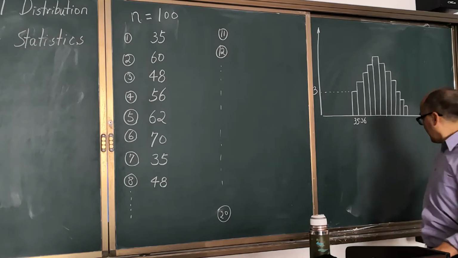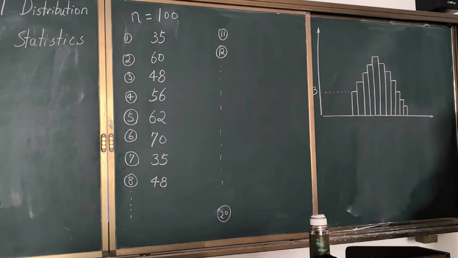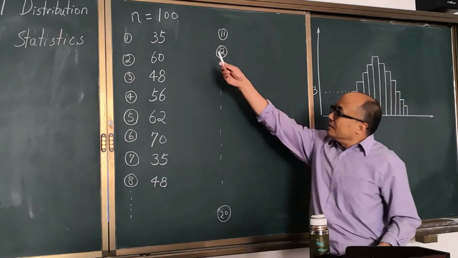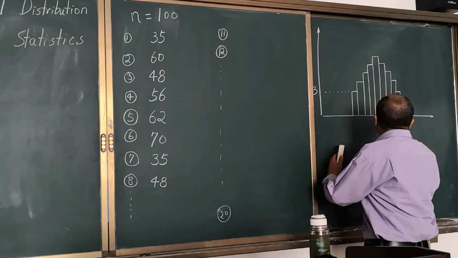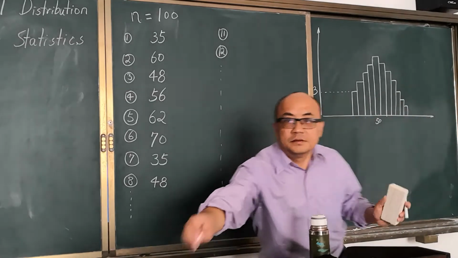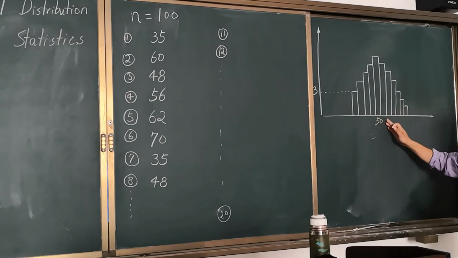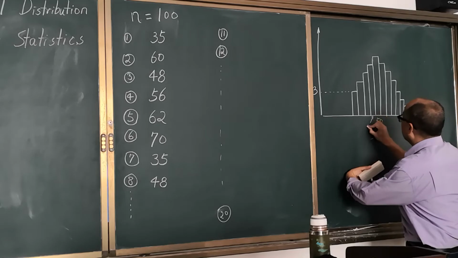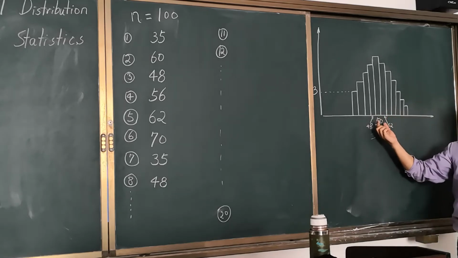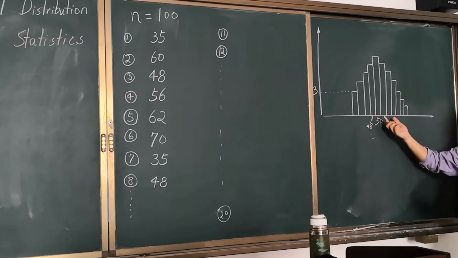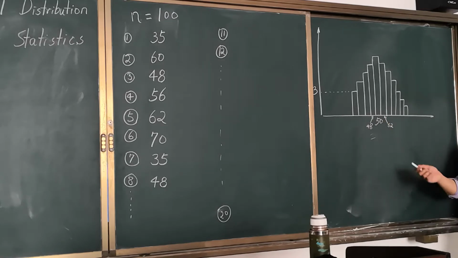Eventually, with 100 students, the 50, I should make it red, 50 or 48 or 52 should happen relatively more frequently. Makes sense?